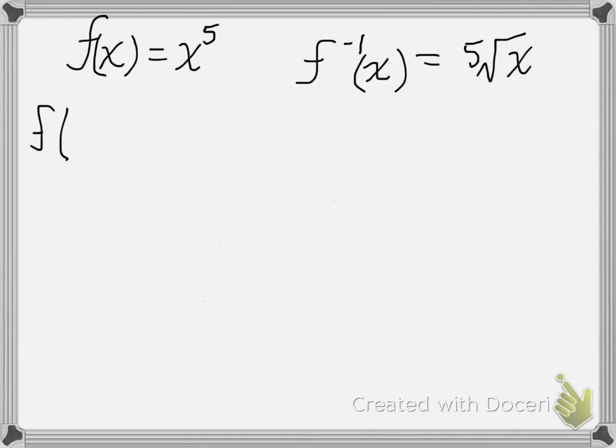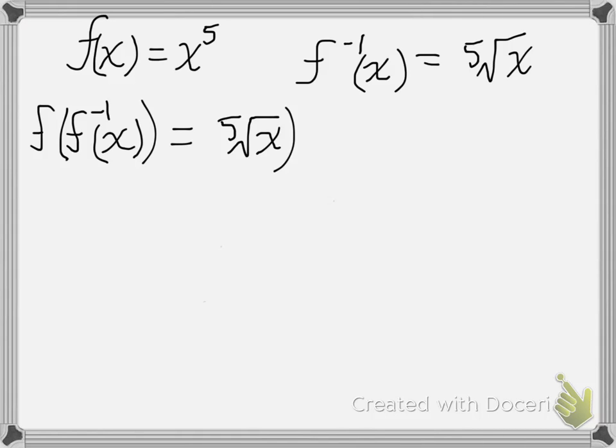How you notate this is going to be as such, right here. So where our x is, we plug this guy into there. So we're going to have the fifth root of x, and this is going to be to the fifth power. Now what happens here is these 5s go away, and we end up just having x by itself.